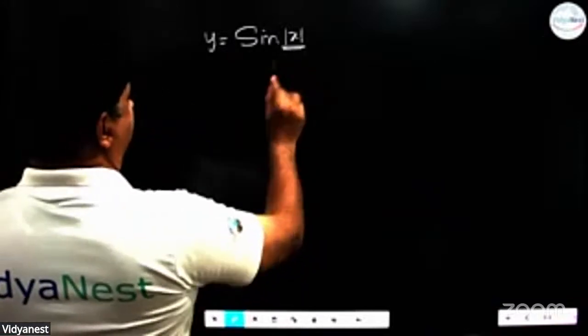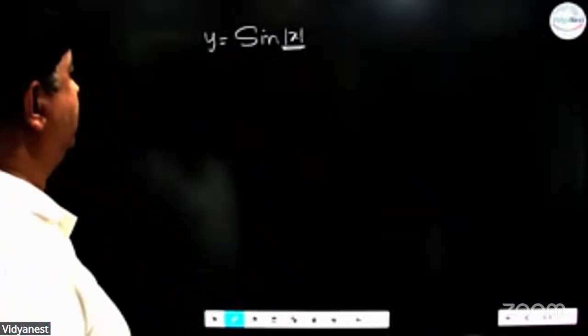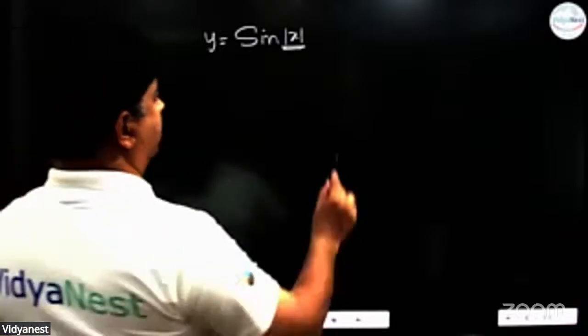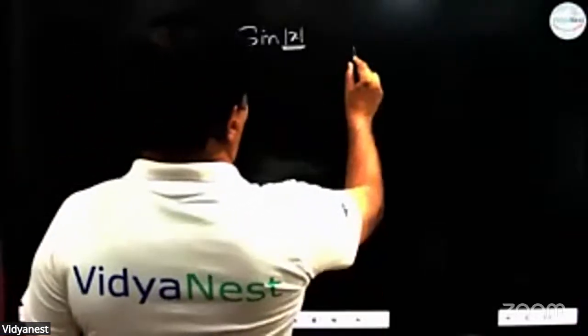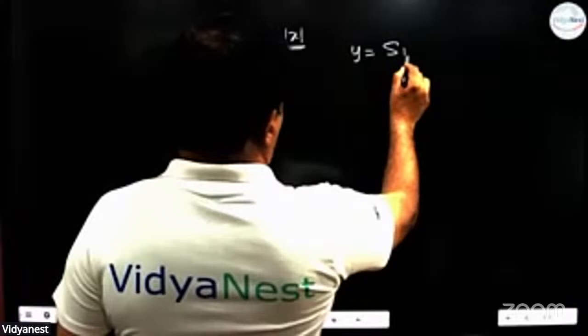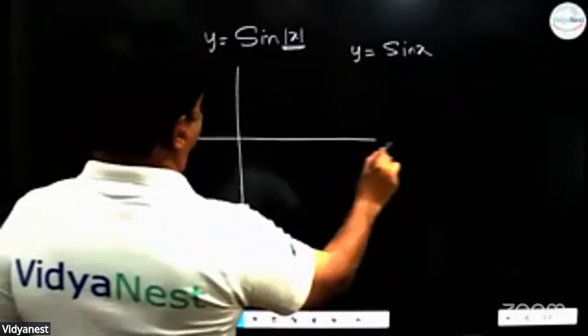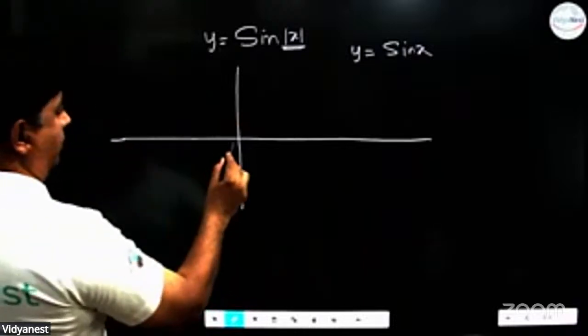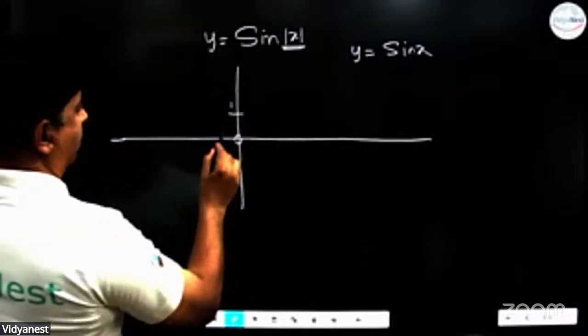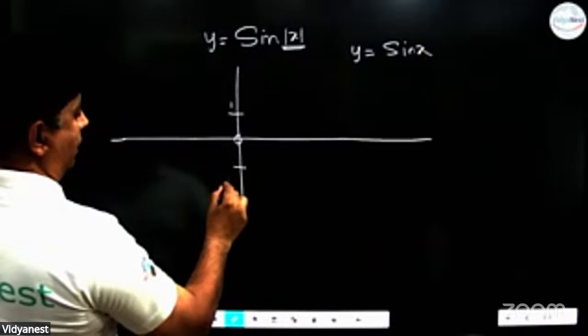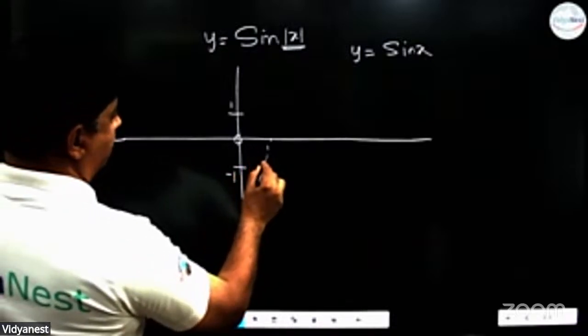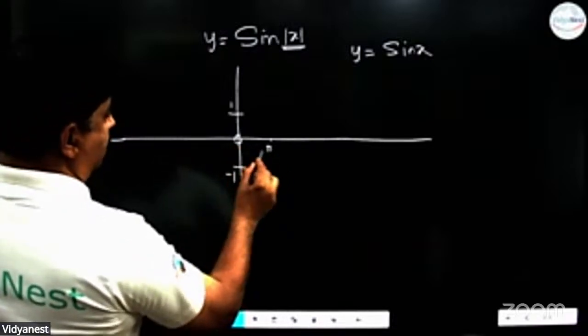Here, y is equal to sine mod x is given. Now, first I will draw sine x. Sine x, in graphical presentation, cannot go beyond 1, cannot come below minus 1. At 0, it is 0.